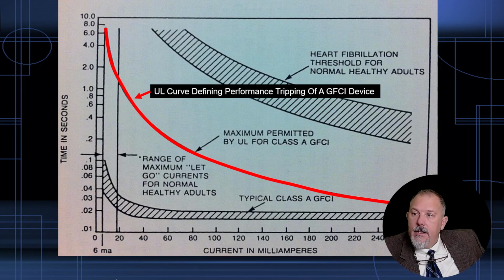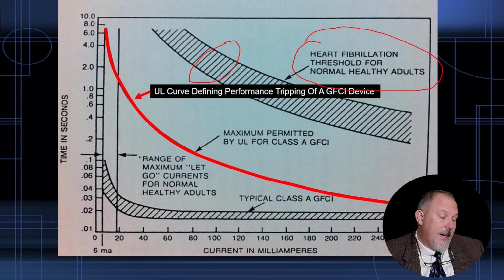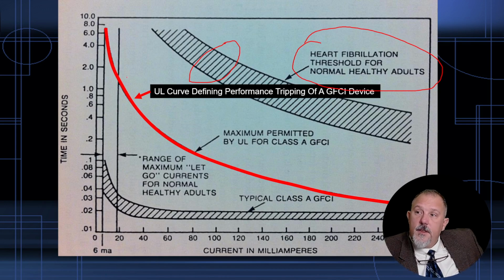Now, this is the curve for your GFCI. This up here is your heart fibrillation curve. How did they come up with that curve? Well, that's research. That is years and years and years of testing and development to determine when the heart will go into defib. This is the threshold that UL has established for the UL Class A device.